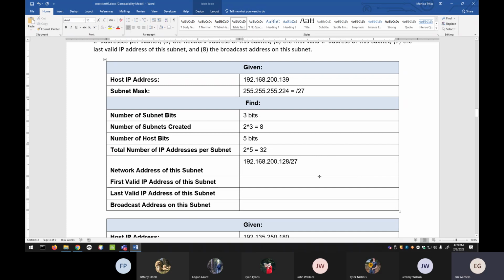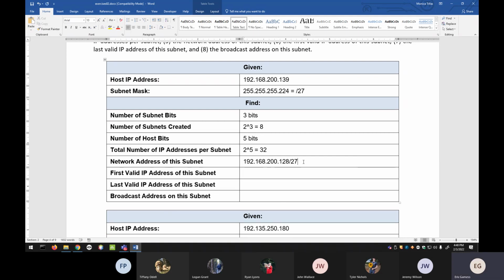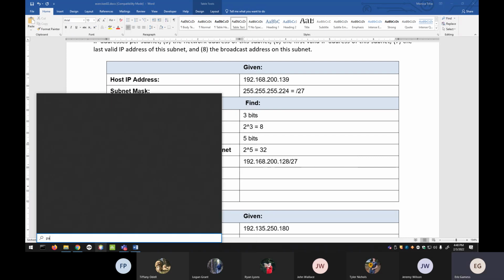What will be another way to answer this question? You can do the bitwise AND between the IP address and the subnet mask. So let's do it. Let me open Paint and let's do the bitwise AND.